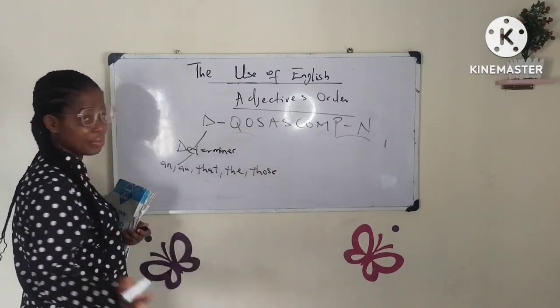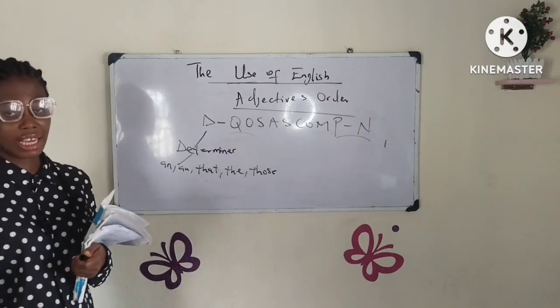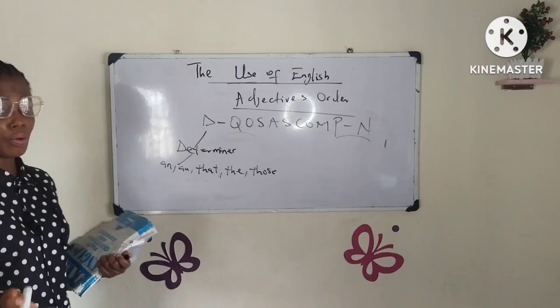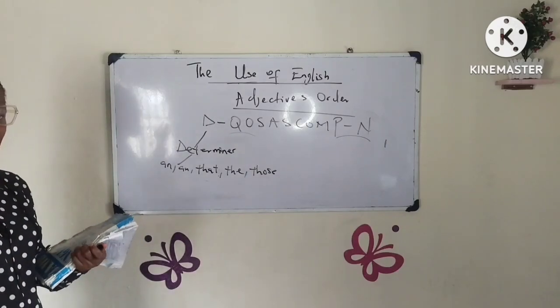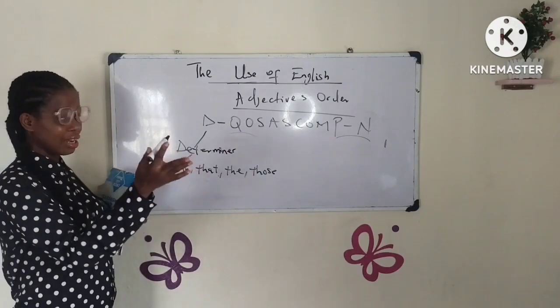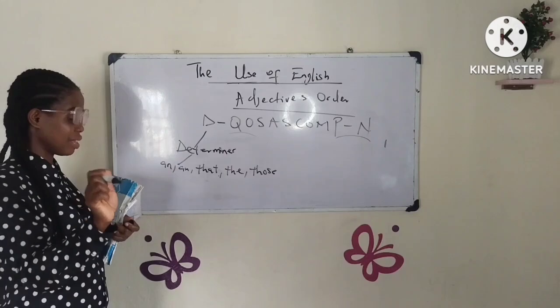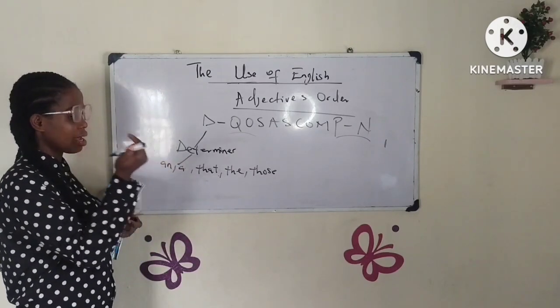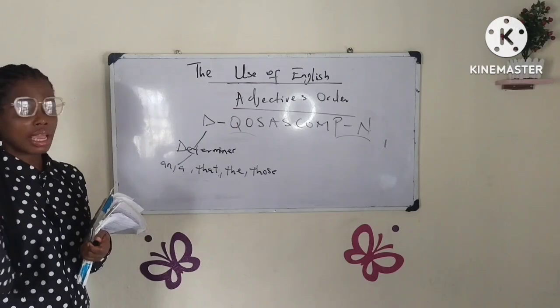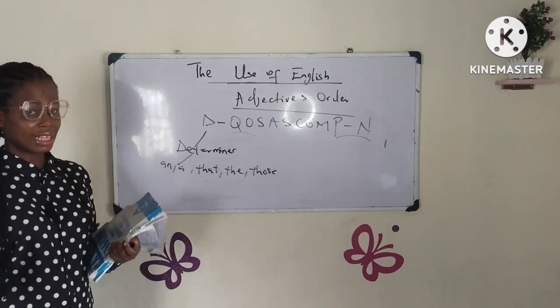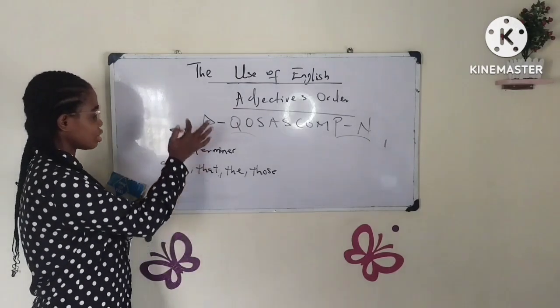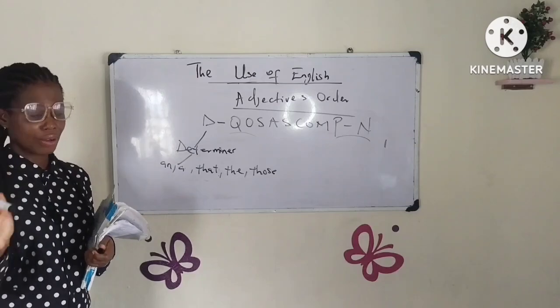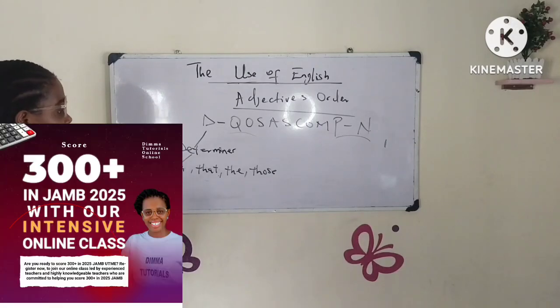Now determiners are words that specify a noun, words that point to a particular noun. In an orange, you specify the noun orange. A man, the man, that man, those men. So determiner specifies a noun, it points to a noun.